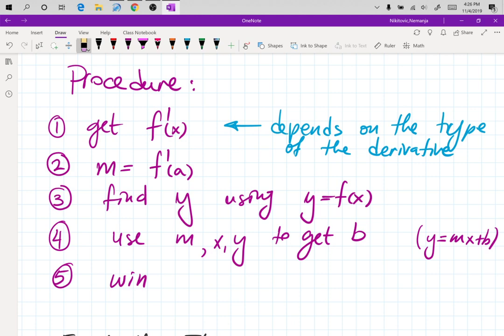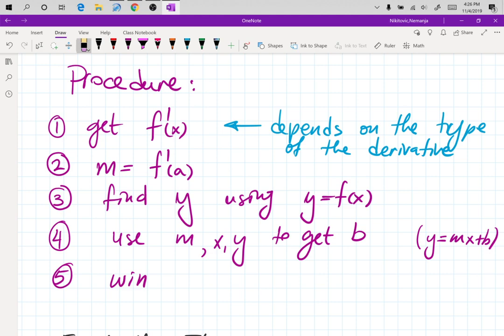Number 1 over there says, just get a derivative. What derivative? Well, whatever section the function falls into, right? So this is why tangent line is the problem that overarches the entire chapter 3. You're going to use whatever needs to be used to calculate that tangent line.